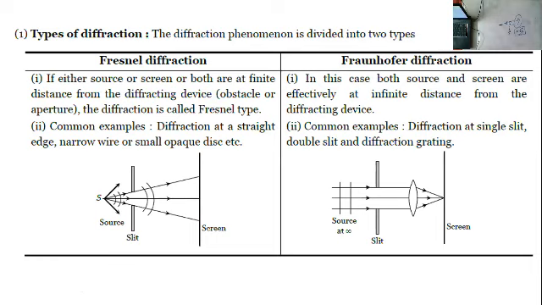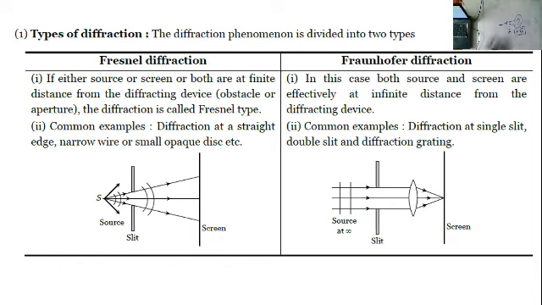It does not require any special arrangements for producing this diffraction pattern, so directly it will be observable. In Fresnel diffraction, the only concept is that the screen and source are at a finite distance from the obstacle.